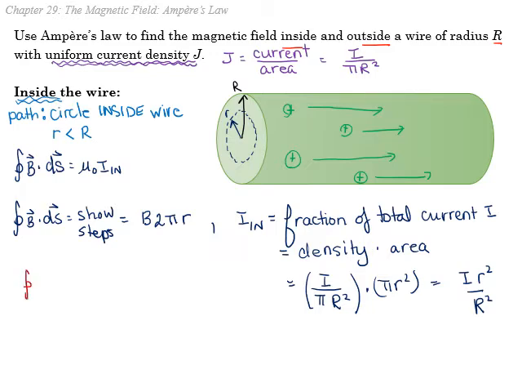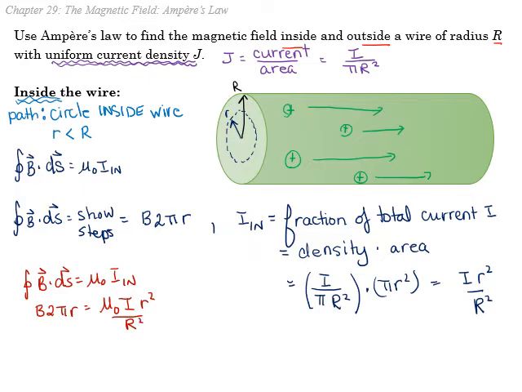So the integral of B dot ds equals mu naught times I inside. The integral of B dot ds is B times 2 pi r. Mu naught times I inside is mu naught times the total current I times r squared over R squared.